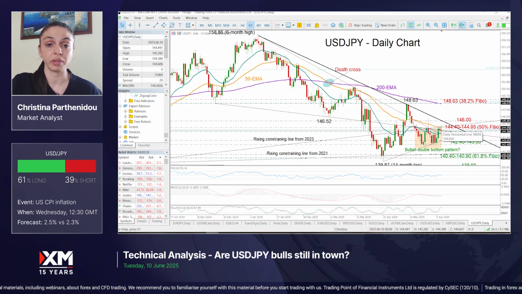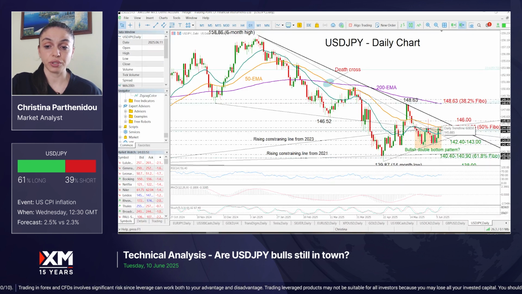And if that proves to be the case, if the data rises faster than expected, we may see the pair finally climbing above the 144.40 key resistance territory and testing this important resistance trend line that comes from January's highs, currently seen near 146.